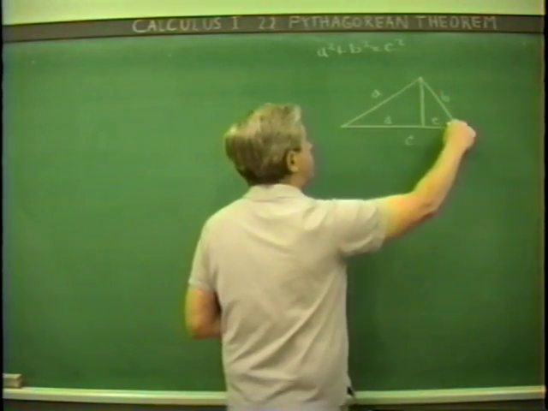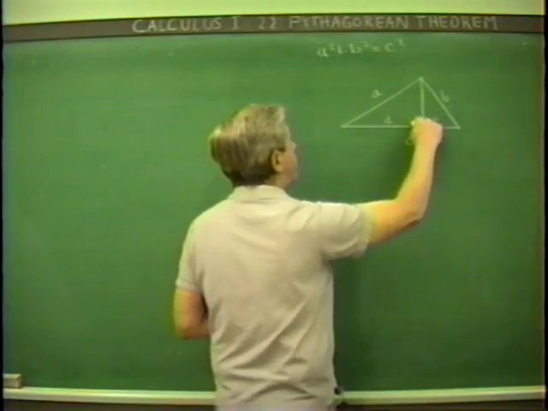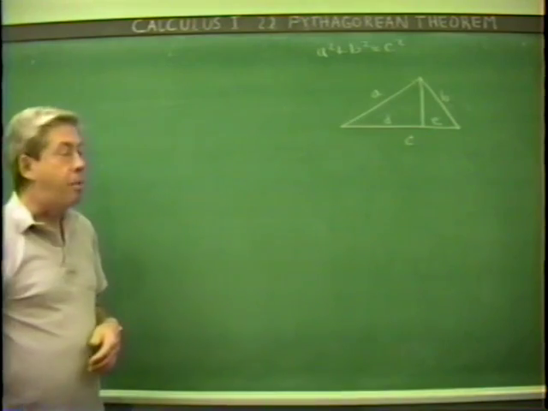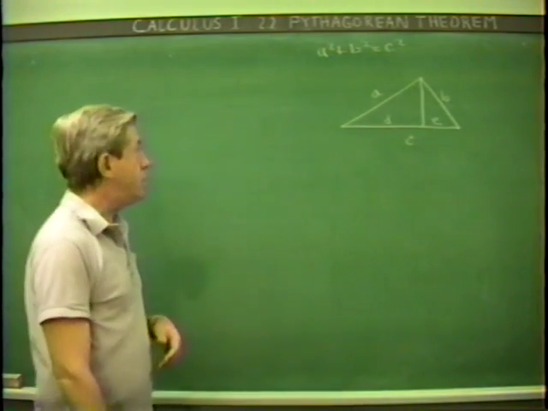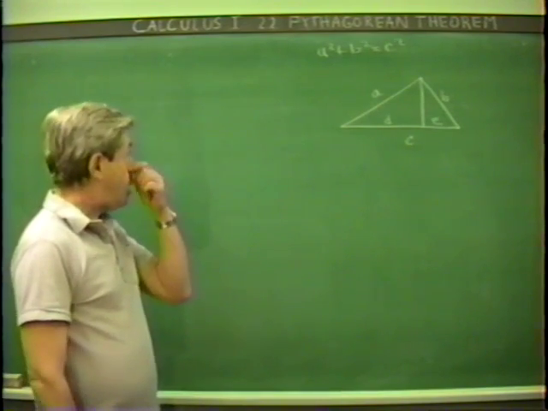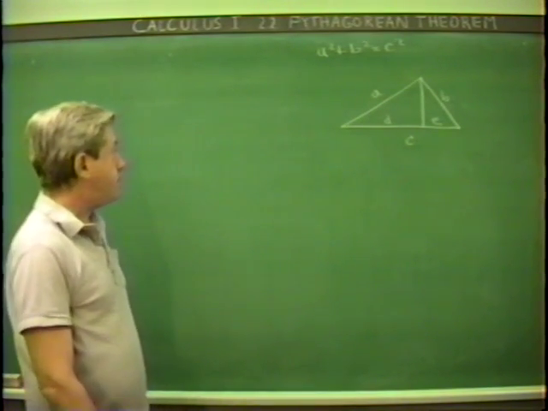This triangle right here, this triangle right here, and this triangle right here. Now, one of the properties of similar triangles that we're going to need in calculus is that the corresponding sides of similar triangles are proportional.